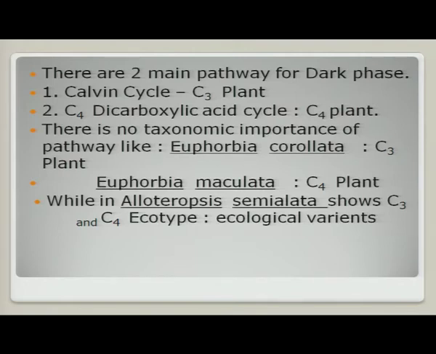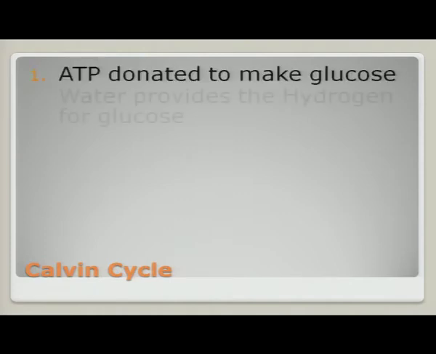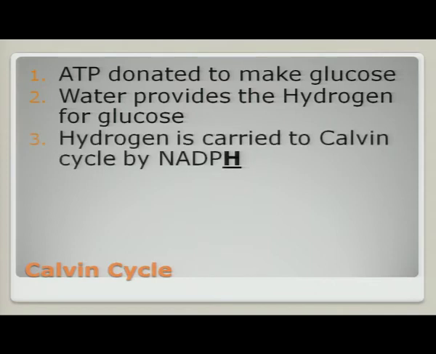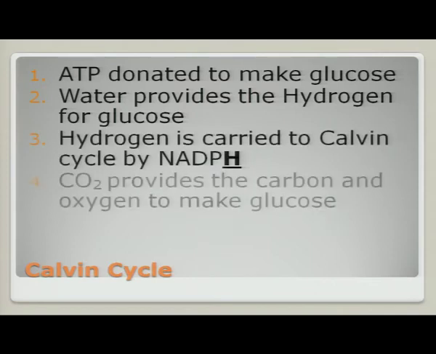There are other cases like Alternanthera semilata, where C3 and C4 are both present. So in a particular genus both cycles may be present or may not.